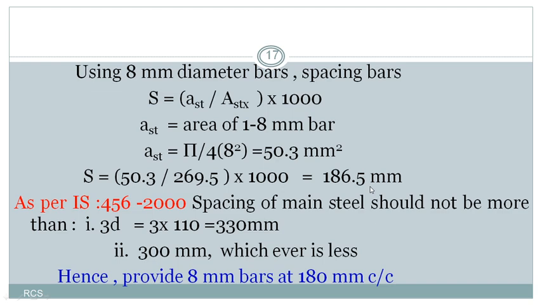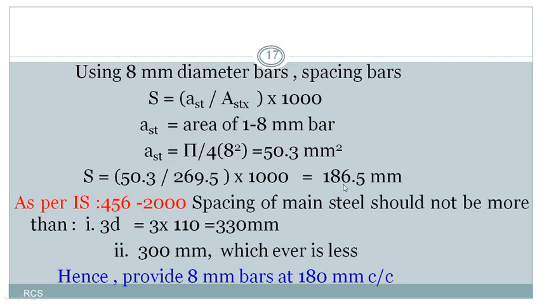So whether this obtained value of spacing fulfills the criteria given in IS 456-2000 or not, that we have to check. As per IS 456-2000, the spacing of main steel should not be more than 3d and 300 mm, or whichever is obtained. Among these three, the minimum value should be provided.